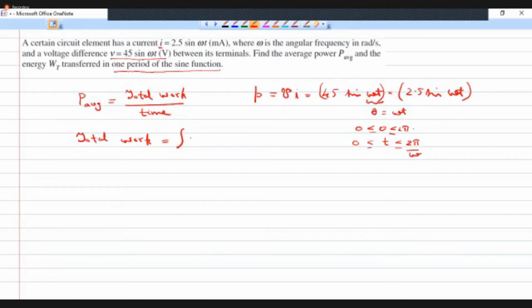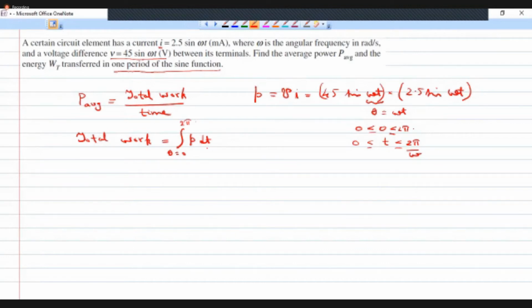So total work done is the integral of p dt, and we have to integrate this for one complete cycle. Theta is equal to 0 to 2 pi. So that is for theta.